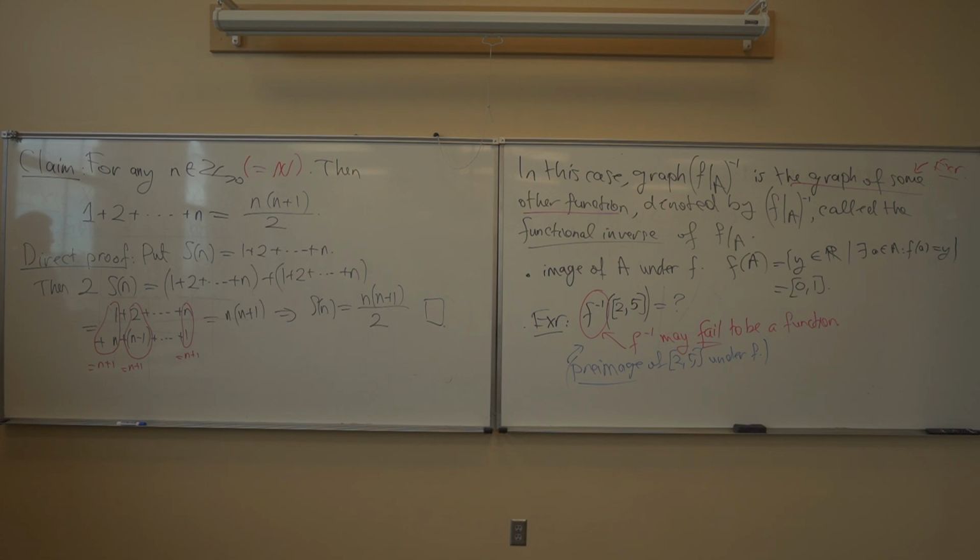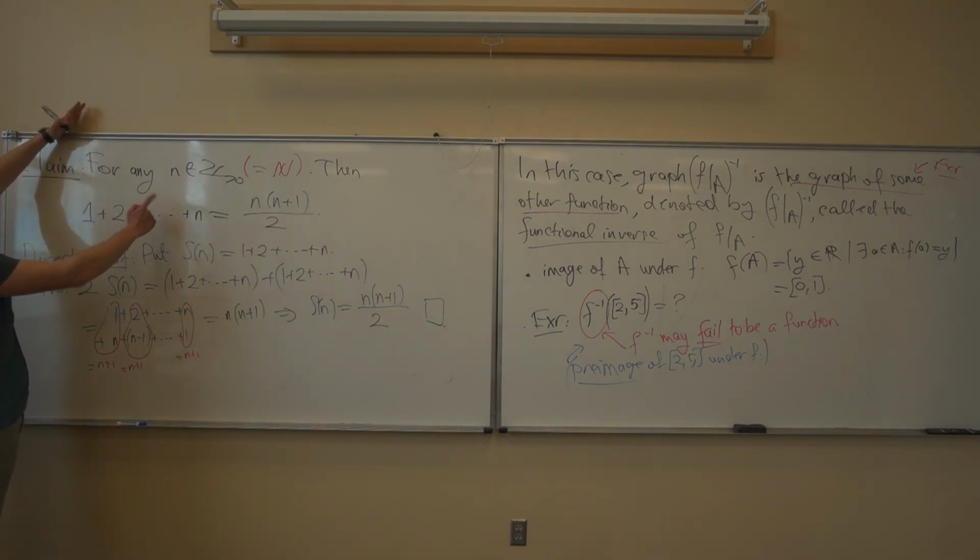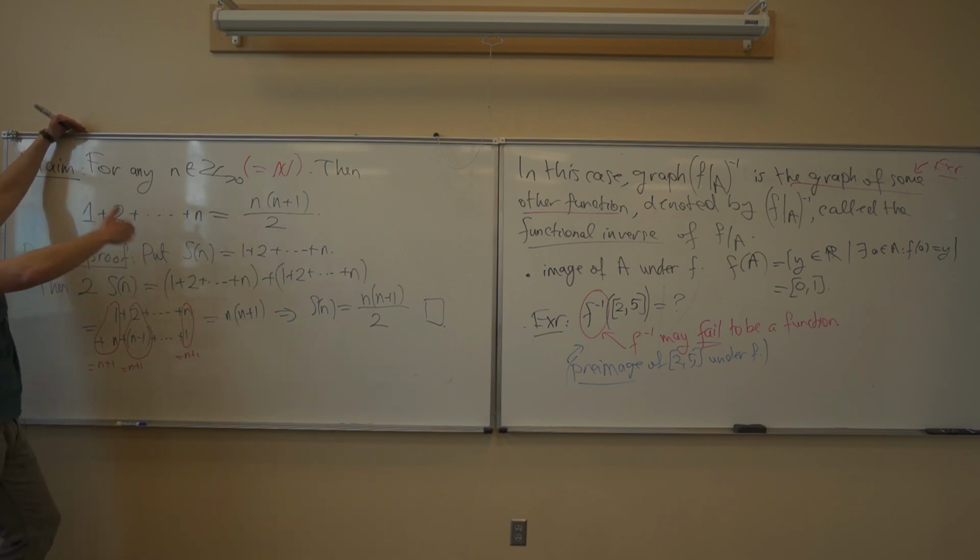Any questions about this? Okay, we have a couple minutes. Let me just say a few words without writing things down. It turns out that whenever you have a claim of infinitely many statements, you can think of this one claim as: for n equals 1, this is true; for n equals 2, this is true; for n equals 3, this is true, and so on.